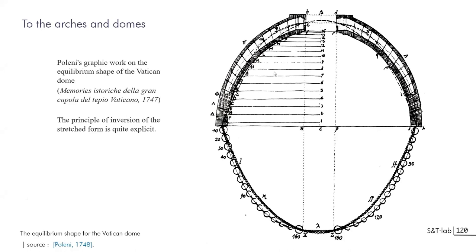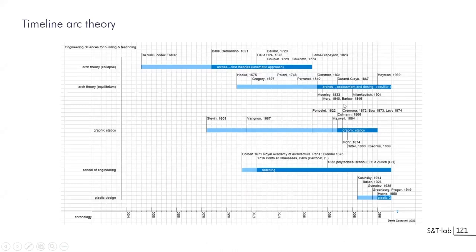You can see Poleni working here on the theory of thrust line, which came about 80 years later, 70 years, no, yes, 80 years later with Gerstner, Moseley, and Méry.